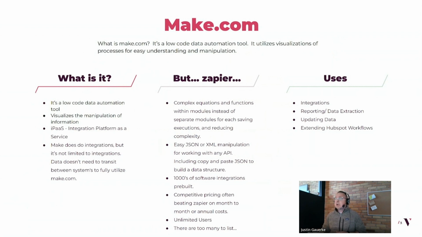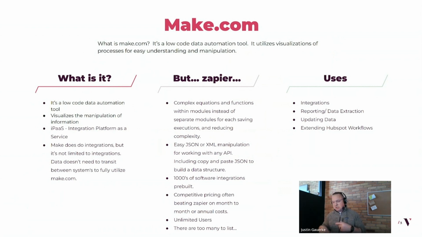So what about Zapier? Everybody has probably heard of or used Zapier, had some interaction with it. Zapier is another data automation tool, but it's garbage compared to Make. Some of the things you can do in Make that are better: you can do complex equations without taking up additional processes.